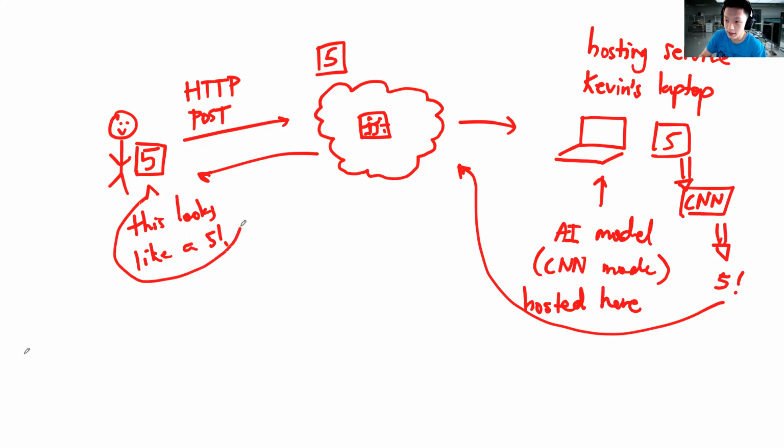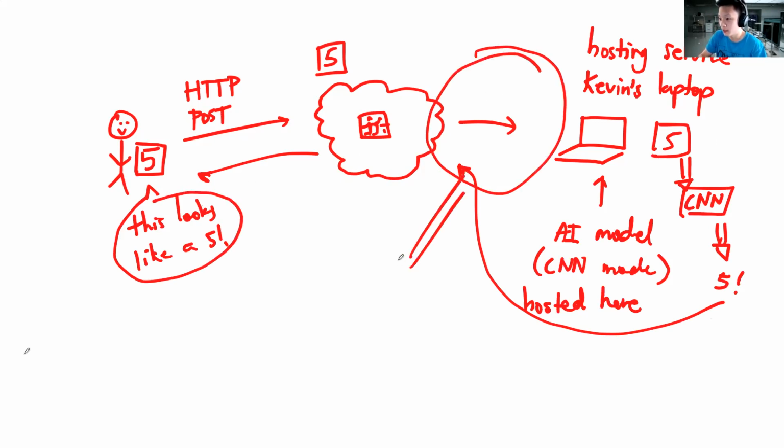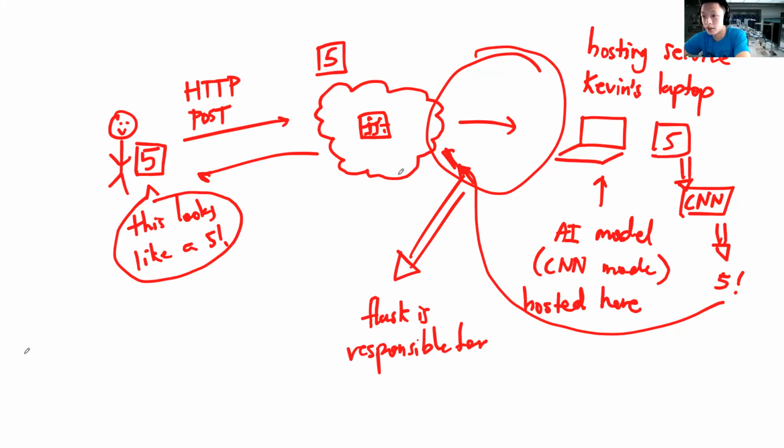So what does Flask do? Flask mediates this part of the pipeline. This is what Flask is responsible for. It's responsible for mediating any message between you and your specific laptop or your hosting service.